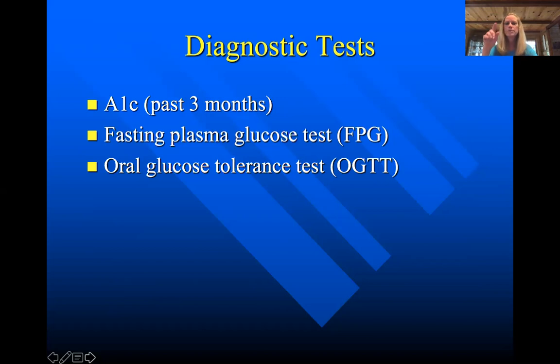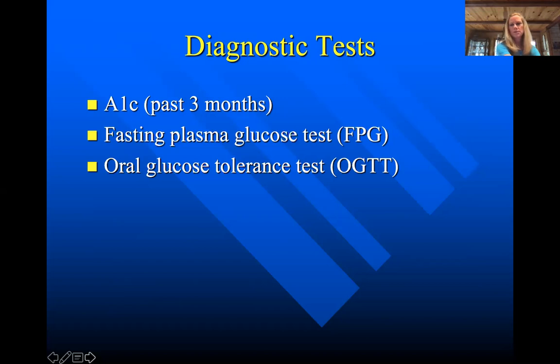The fasting plasma glucose test is when you fast overnight and then you go in and they take a look at what your glucose levels are without you having eaten at least overnight. The oral glucose tolerance test is where there are going to be multiple blood draws. You fast overnight, you go in the morning, they take your blood and look at the fasting blood glucose levels.